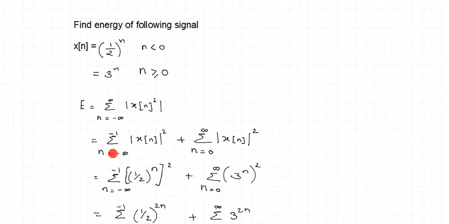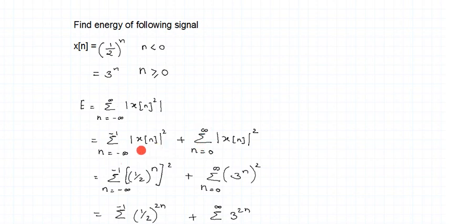The summation is split from minus infinity to minus 1, so I'm covering all negative values of n here, and here the limit goes from 0 to infinity, covering all the positive values of n, because as per the given problem, I have two different representations of x[n] for negative and positive values. Accordingly, I need to split the summation for negative values and for positive values.